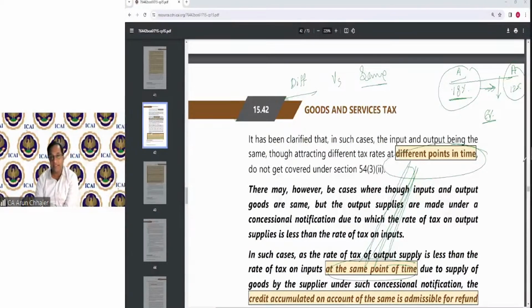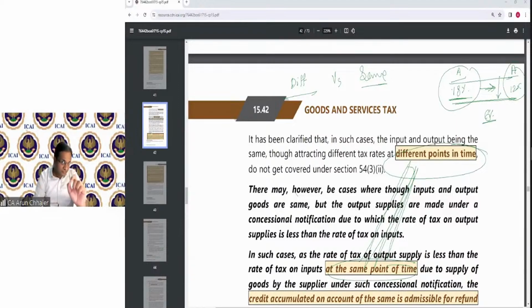So it has been clarified, अगर टैक्स रेट डिफरेंट पॉइंट ऑफ टाइम पर डिफरेंट है बट सेम पॉइंट ऑफ टाइम पर सेम है, you will not be covered under inverted duty.